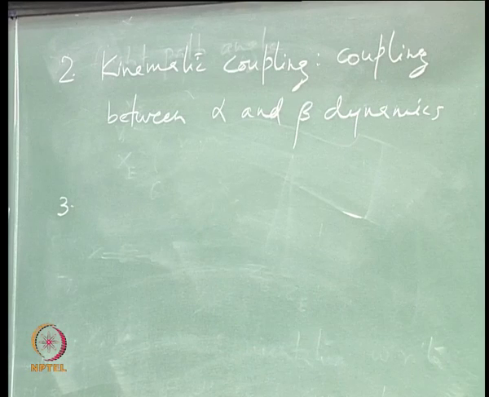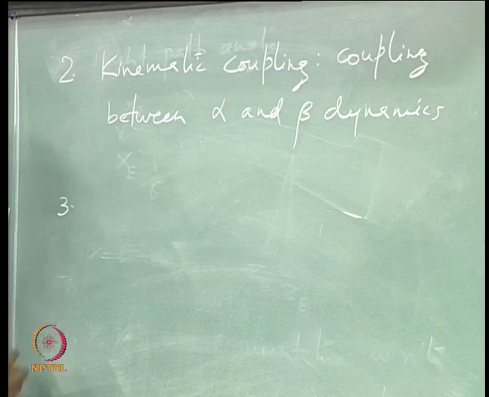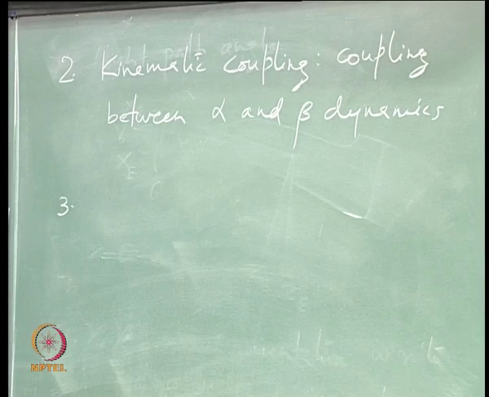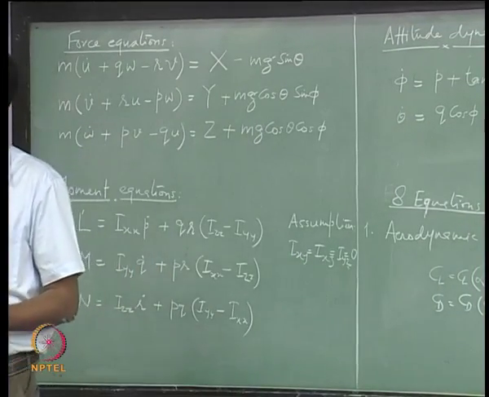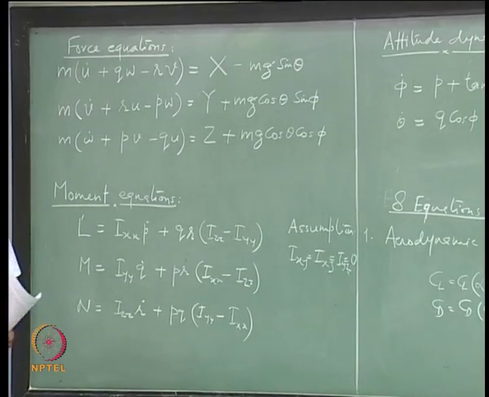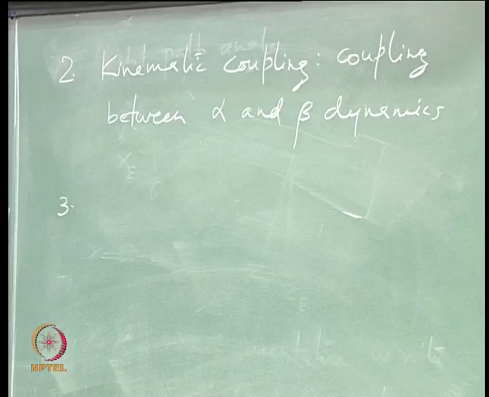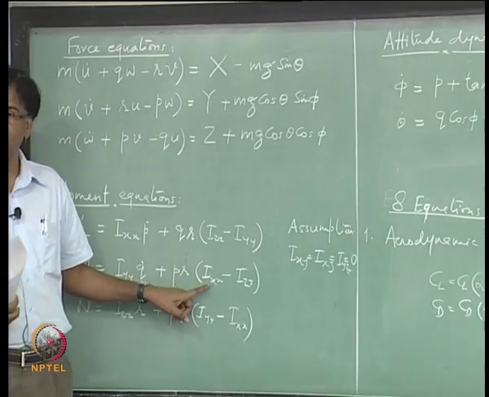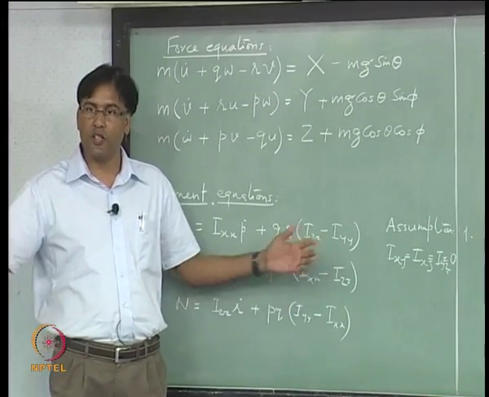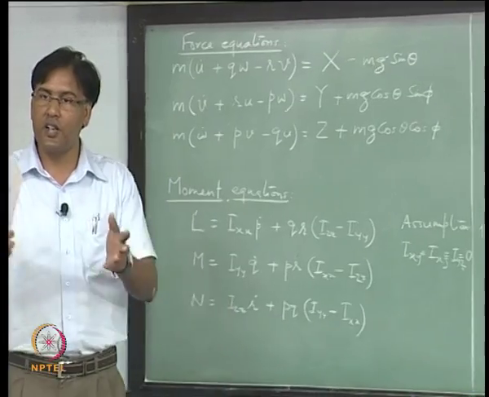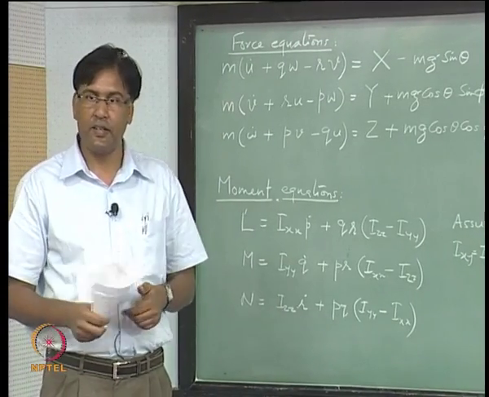Third one is related to low alpha flights, okay, and this is because of the coupling due to inertia terms. Okay. So, we have aircraft with different inertia values. For example, if you look at a combat aircraft, there this Ixx term is going to be low, right, because all the mass is concentrated towards the center line.